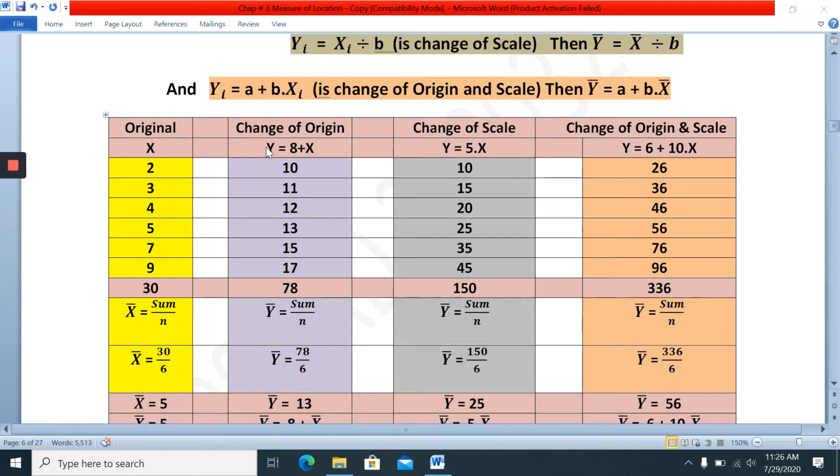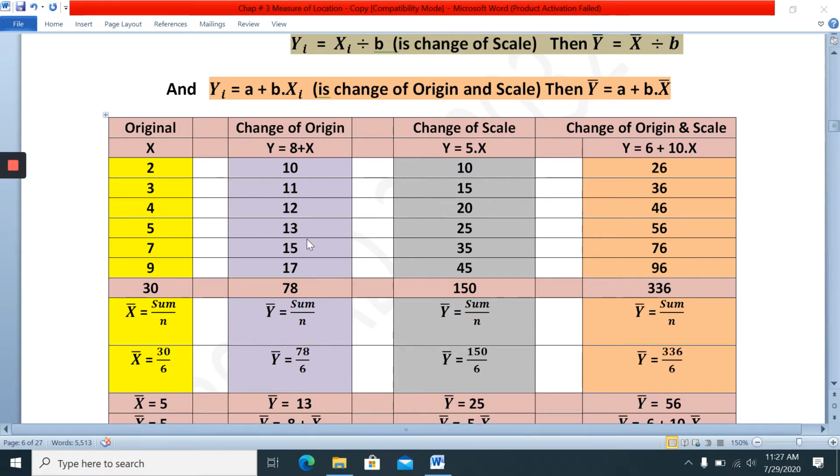Now use the change of origin property. Change of origin means when you add or subtract something. So this is a new variable y, and I'm adding 8 to x. 8 plus x means add 8 to each number of x. So 2 plus 8 is 10. 3 plus 8 is 11. 4 plus 8 is 12. 5 plus 8 is 13. 7 plus 8 is 15. 9 plus 8 is 17.